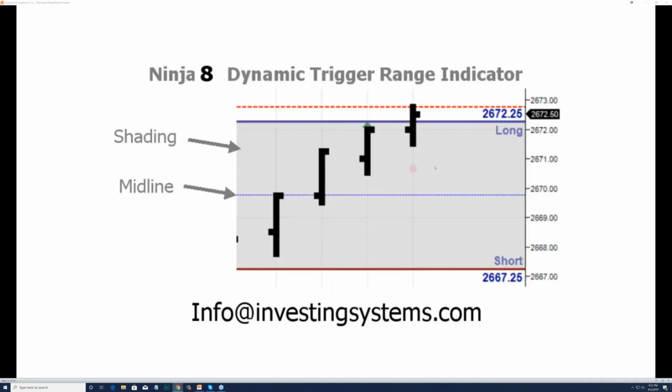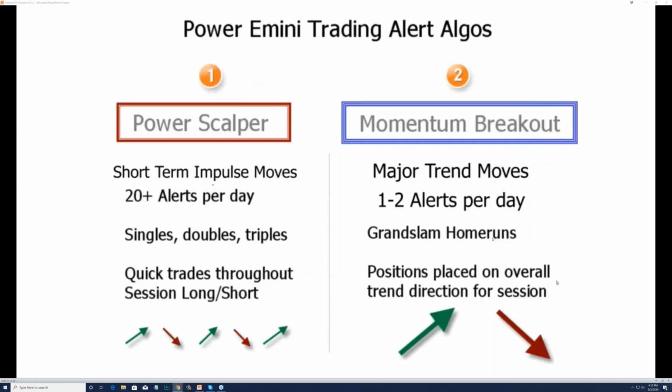For the last couple of years, we've had 2 different algos running for all the different symbols. We've had the Power Scalper, which gives lots of alerts through the day, and it basically shifts direction at will. You get lots of singles, doubles, and triples, quick trades throughout the session.